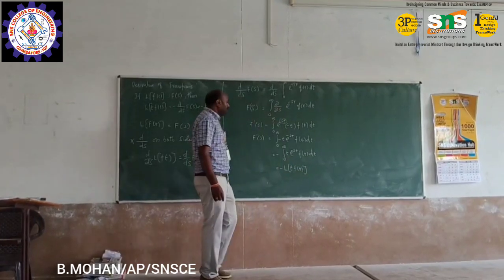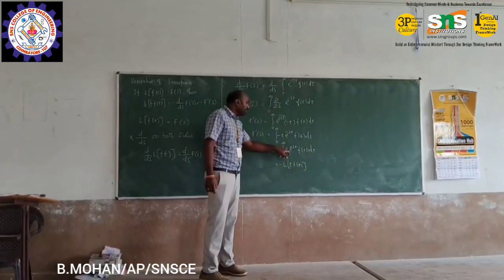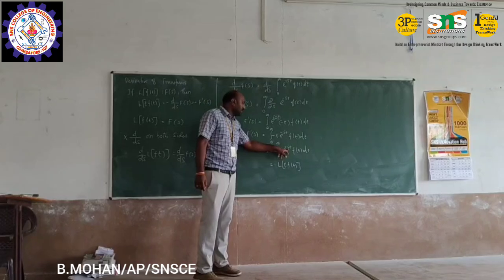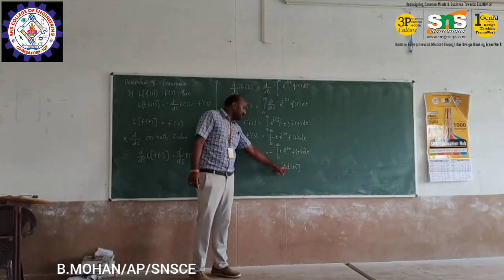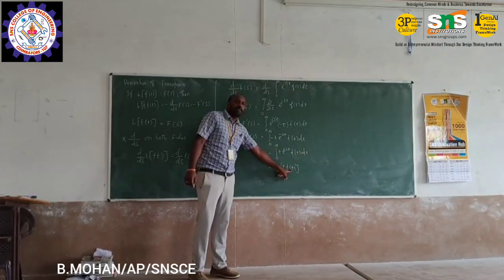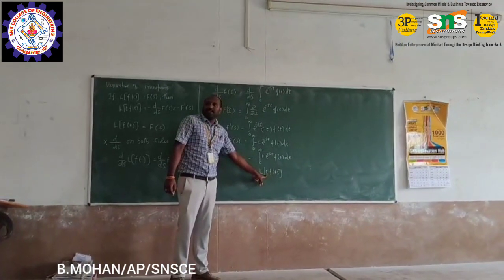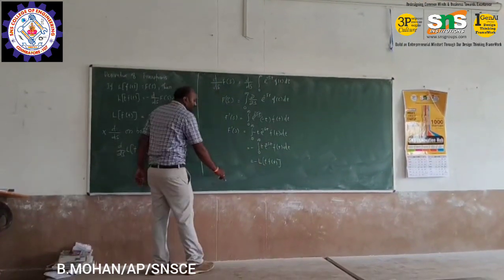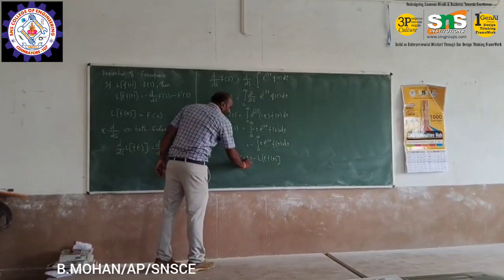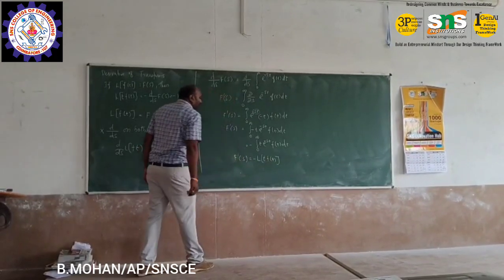Here we modify that the integral from 0 to infinity of e power minus st into f of t dt is L of f of t, and with the multiple of t, we multiply by t. So F dash of s is equal to minus L of t into f of t.